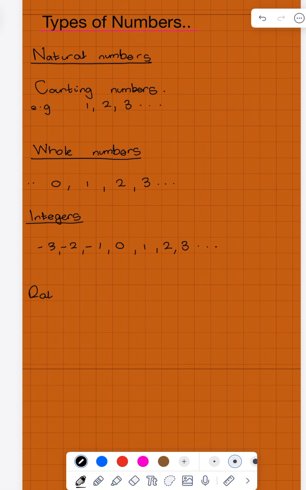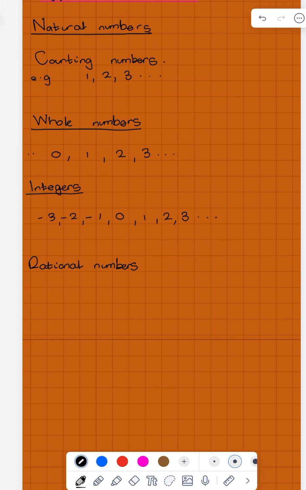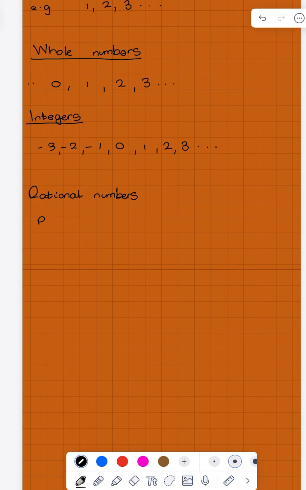Right, let's move on to what we call rational numbers. Rational numbers are numbers which can be expressed in the form P over Q, where P and Q are positive and negative whole numbers.